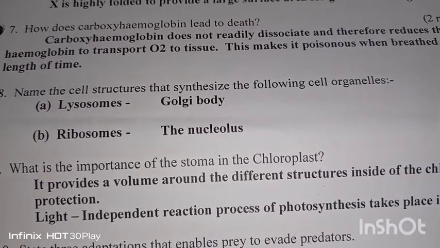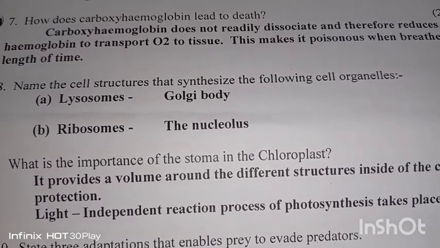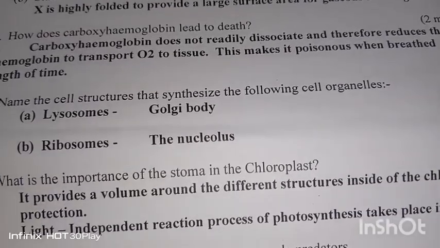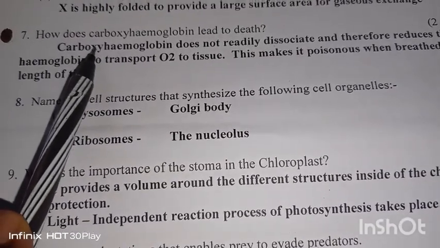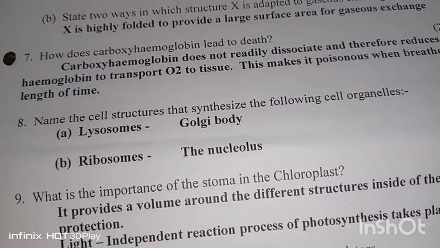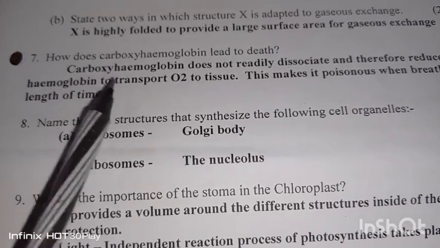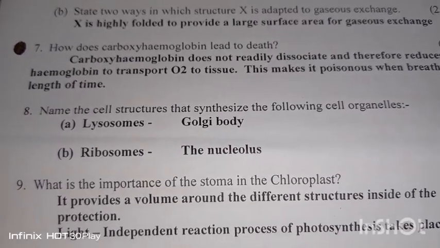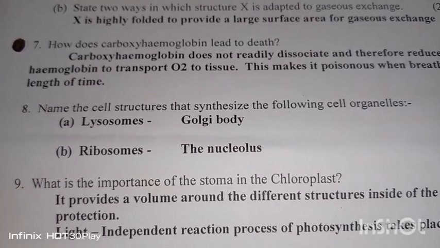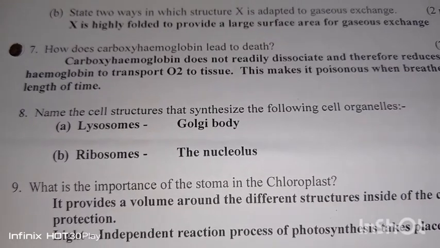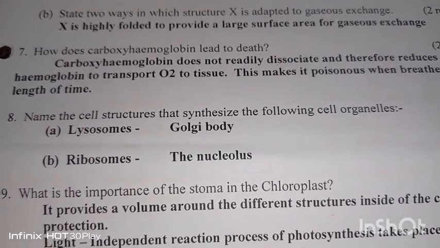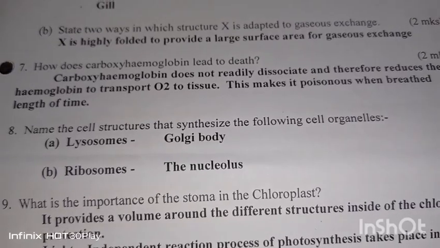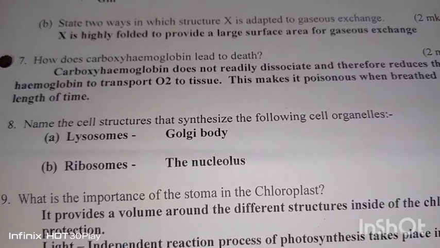Number 7, you're given a question. You're asked, why does carboxyhaemoglobin lead to death? Carboxyhaemoglobin is a combination of carbon monoxide and hemoglobin. So carbon monoxide plus hemoglobin forms carboxyhaemoglobin, and when it reaches the tissues, it does not dissociate, or it does not break into carbon monoxide and hemoglobin, so that hemoglobin can go on transporting oxygen.